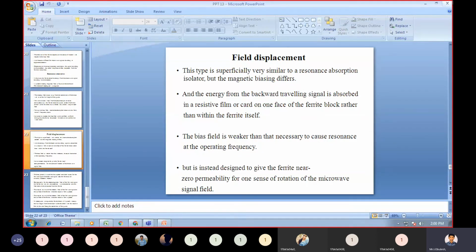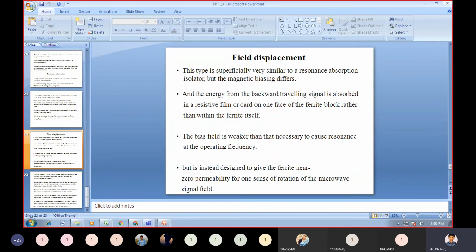The energy from the backward traveling signal is absorbed in a resistive film or card on one face of the ferrite block rather than within the ferrite itself. And the bias field is weaker than that necessary to cause resonance at the operating frequency.